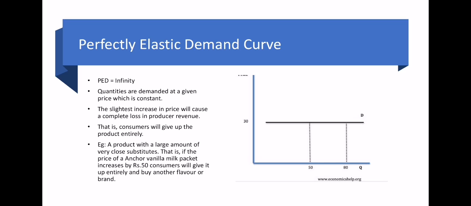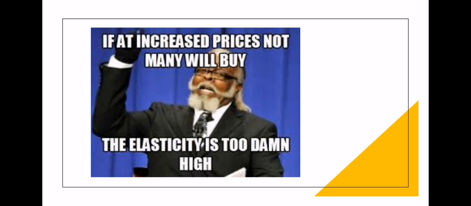Okay, Anchor vanilla milk packet. So if it increases by 50 rupees, no one's going to buy Anchor vanilla milk packet. There are so many other brands if you want vanilla milk, or there are so many other flavors if you want Anchor milk. All right, so that's the simple example you have to know for perfectly elastic demand curve.